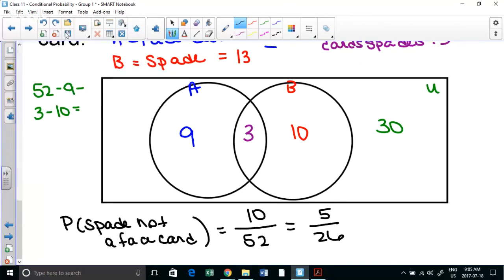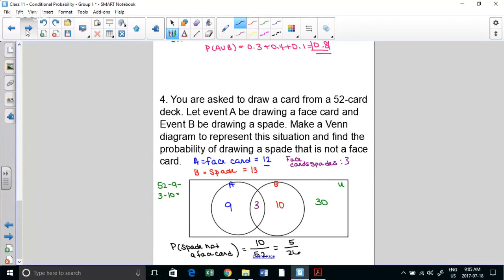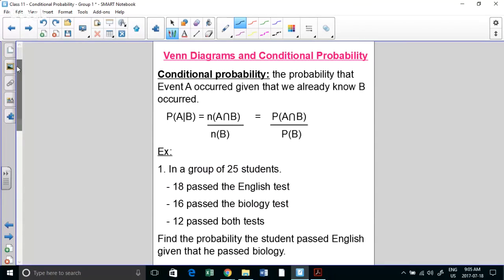What are we doing this for? We are doing this for a specific thing called conditional probability.